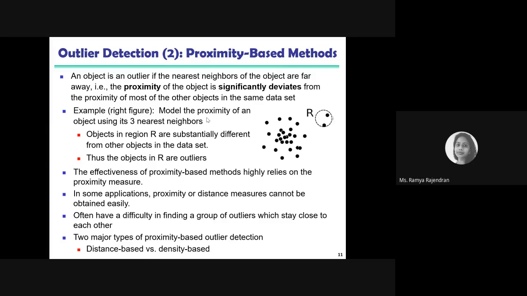But sometimes obtaining this distance measure is very difficult, especially in the case of multivariate data, because it consumes too much computing power. Here you can work on two different types, distance-based and density-based.